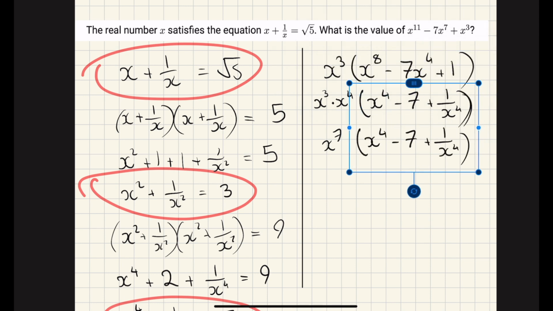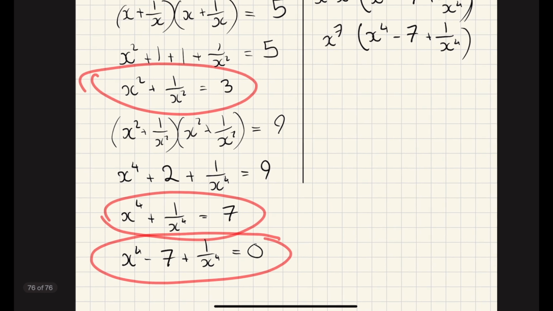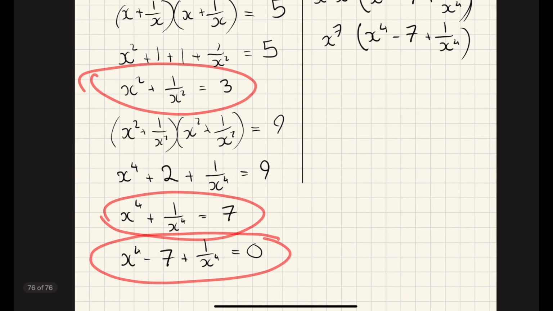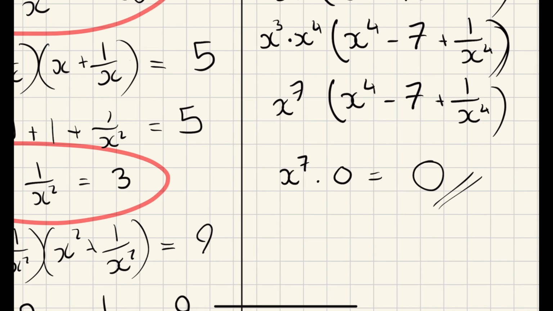Let's have a look. That thing on the right is just what we had down here. So what does that mean? Well, it means that whole left-hand side just becomes 0. So we've got x to the 7 times 0. It doesn't matter what x to the 7 is. The answer to this is 0.